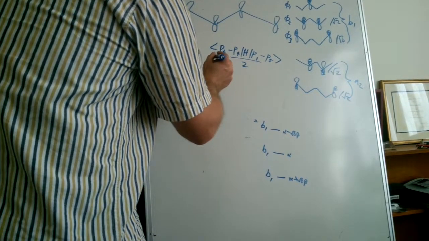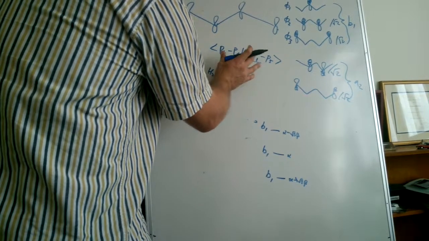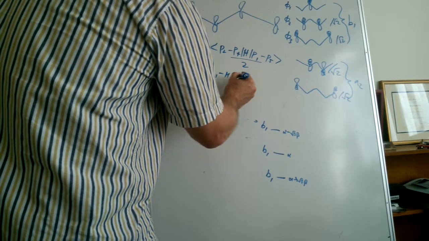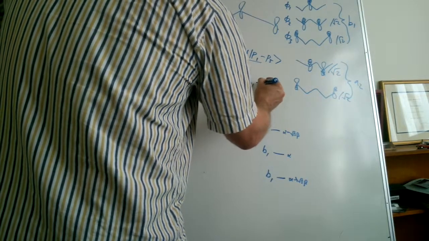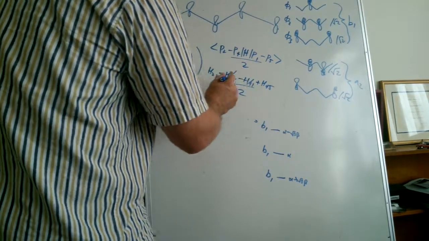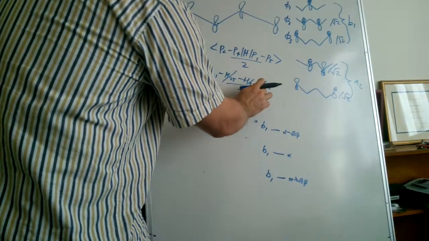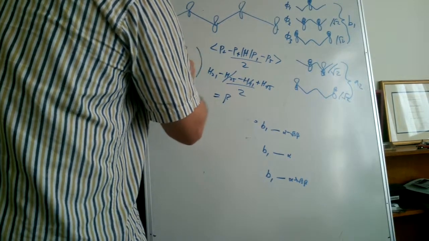So this comes out to be an H21 minus H25 minus H41, but then plus H45 all on 2. Those things are 0 because 2 and 5 and 4 and 1 are a long way away from each other. That's beta, and that's beta on 2 equals beta with beta with beta.